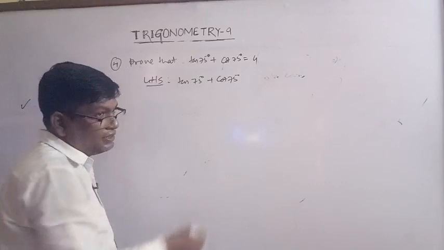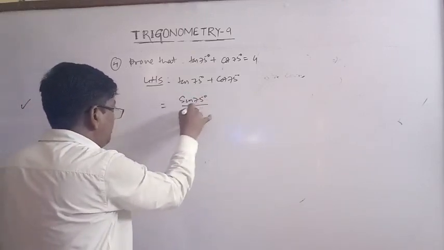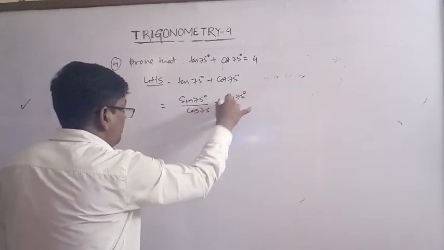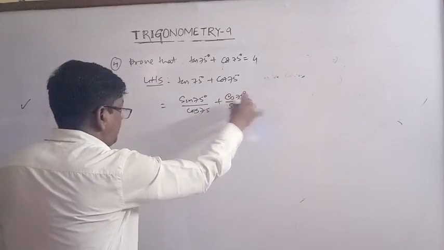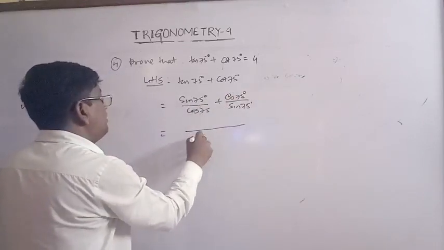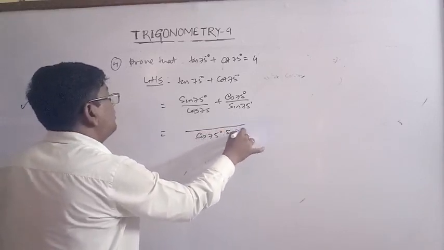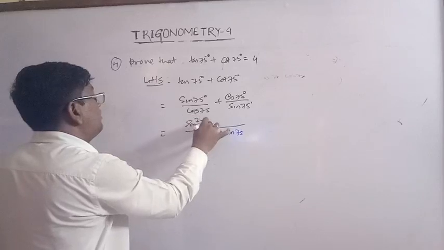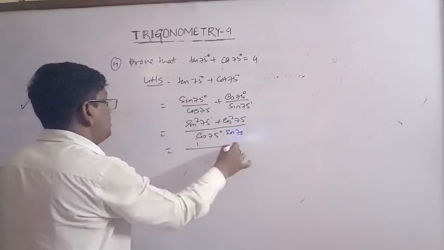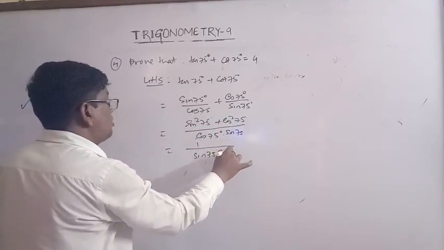Otherwise, without remembering, that is sin 75 degree by cos 75 degree plus cos 75 degree divided by sin 75 degree. The LCM is cos 75 degree into sin 75 degree. This is sin square 75 degree plus cos square 75 degree, so this is 1, divided by sin 75 degree into cos 75 degree.